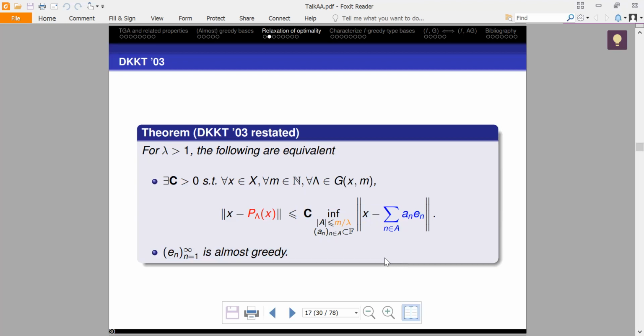So this is a very nice result because it says that almost greedy is so close to being greedy in terms of the size of approximation. Even though almost greedy might not give you the best m-term approximation, it gives you the best m over lambda term approximation.